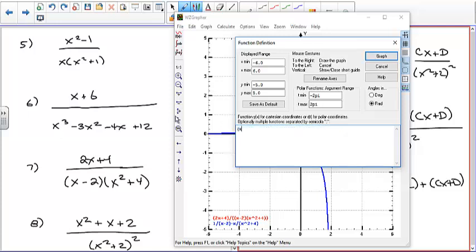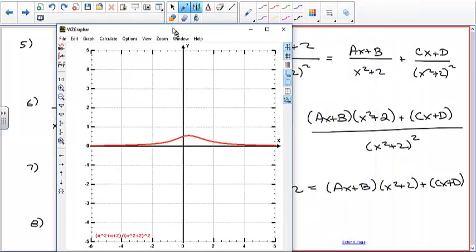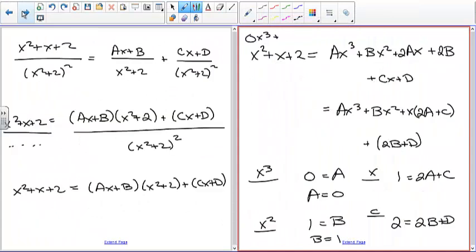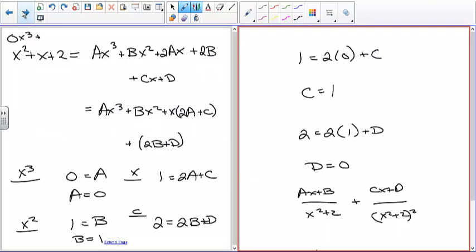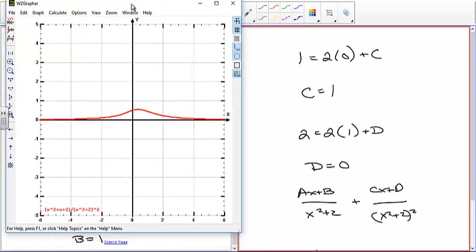So the first one is x squared plus x plus 2 divided by x squared plus 2 quantity squared. Okay, let's see what that looks like. So there it is. And then we will go to the answer, which is right there, and move this out of the way.